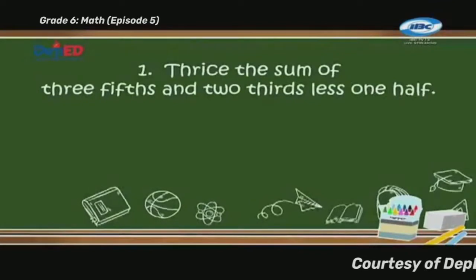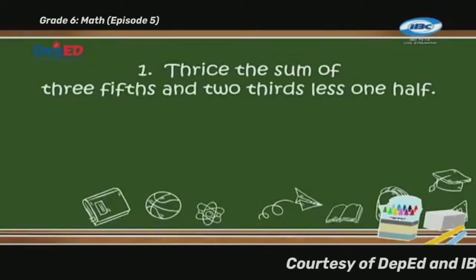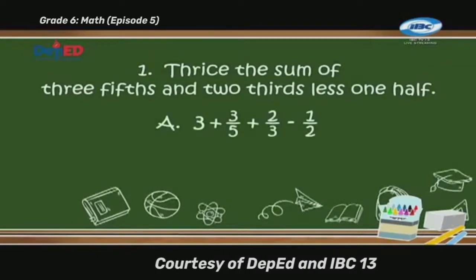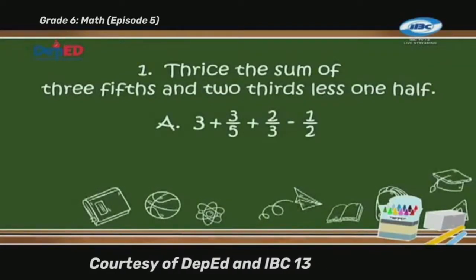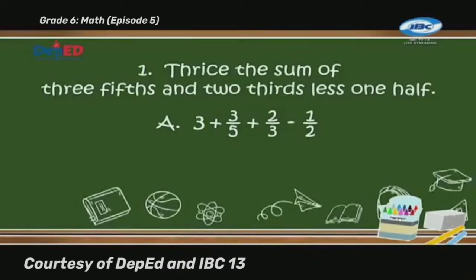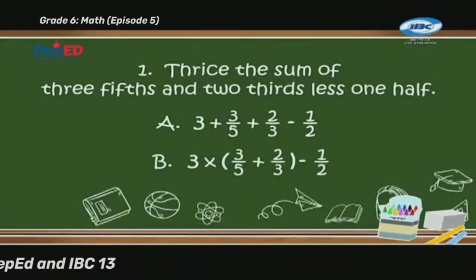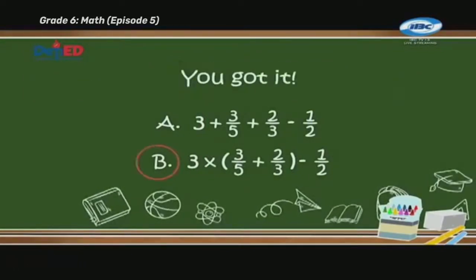Number 1. Thrice the sum of 3/5 and 2/3 less 1/2. Is it A, 3 plus 3/5 plus 2/3 minus 1/2, or B, 3 times the group of 3/5 plus 2/3 minus 1/2? You got it! It's B.